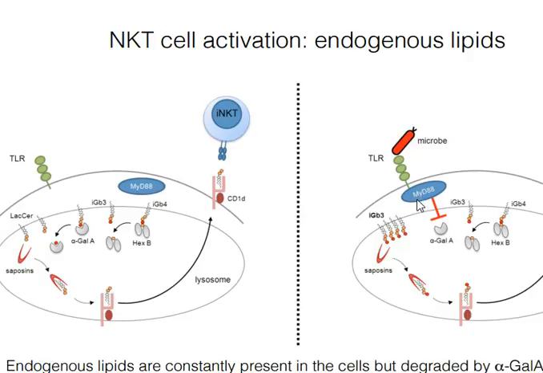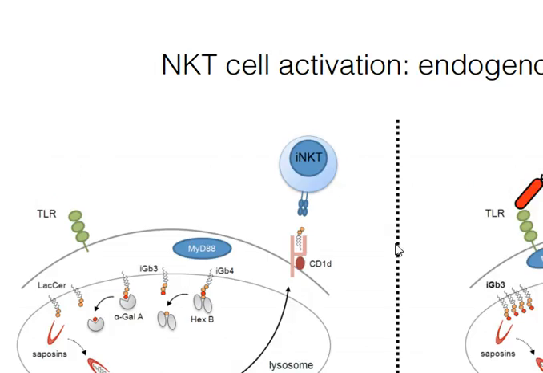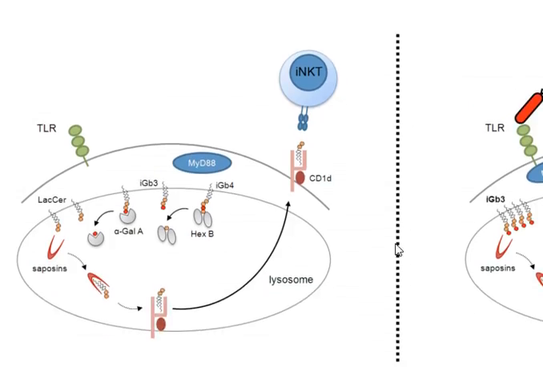So this paper that came out in 2010 proposed a mechanism that could explain how an antigen-presenting cell that is stimulated by TLRs can induce the activation of NKT cells. The idea is that in normal conditions, because cells have a lot of lipids, CD1 will always have some endogenous lipids bound.